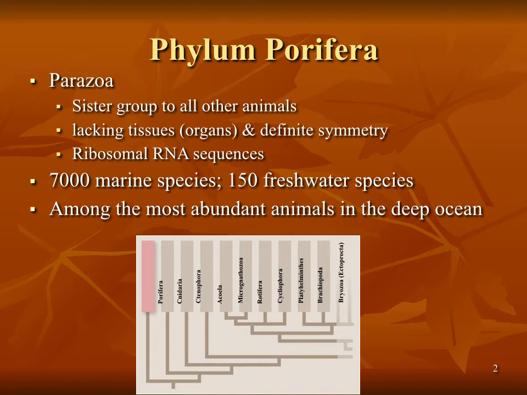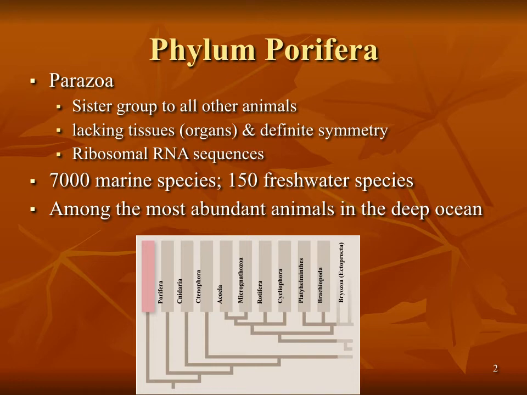They lack a lot of the things that most other animals have, but they are truly multicellular eukaryotes with animal-like characteristics. They lack tissues, they lack organs, they lack symmetry, but they do share ribosomal RNA sequences with other animals, and they do things that lots of other animals do.